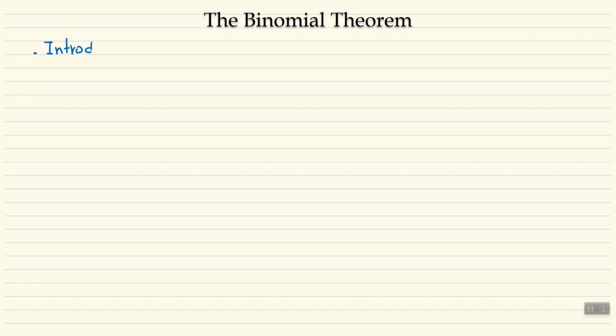So in this introduction, we will talk about the binomial theorem. We will see what we mean by the binomial theorem. First of all, the word binomial: the word bi means two, and nomial is usually referring to terms.